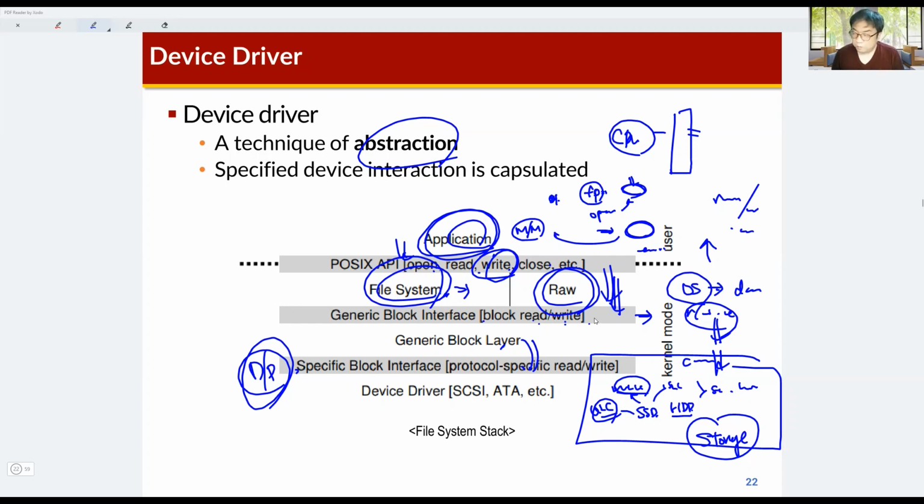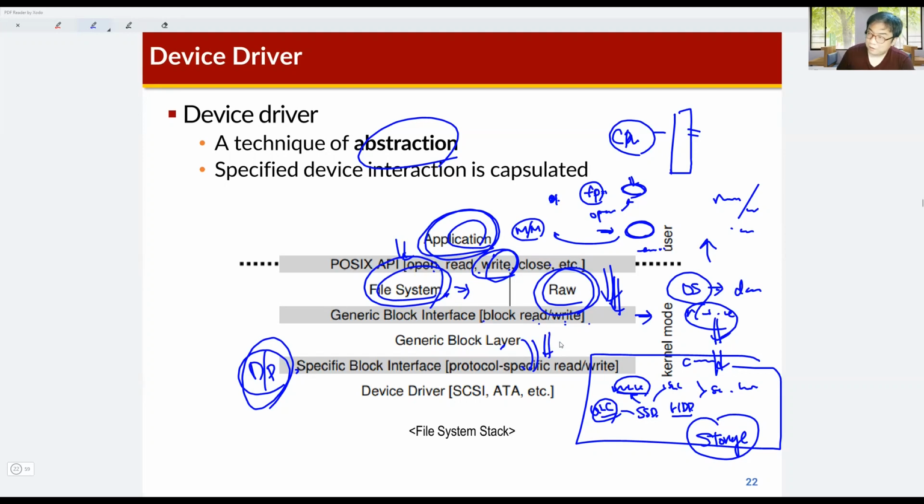Also, the operating system supports block-level read, write, and erase commands. It's also very simple. In the operating system's view, the data inside the storage system is like a block-based memory system, block-based memory.